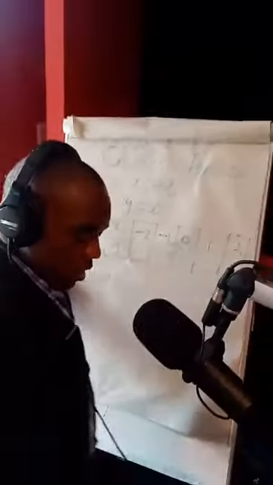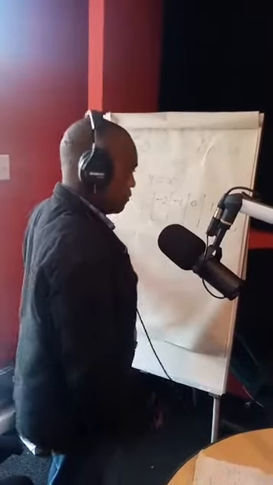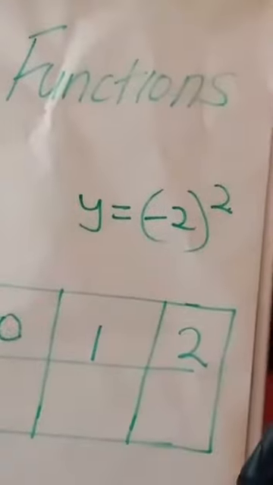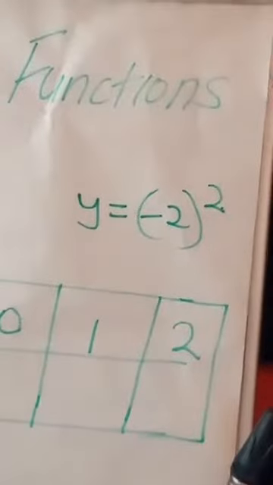To work out the output values, you just substitute the input value into your function, which is y equals x squared. If you substitute x, which is minus 2, squared, make sure you put brackets. Remember, it's minus 2 that is being squared. You have to put in brackets so that your output value is 4.